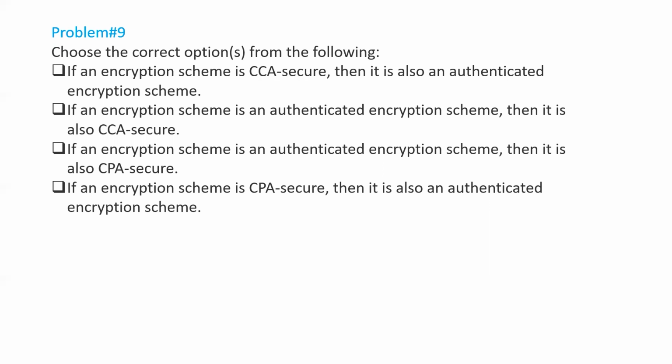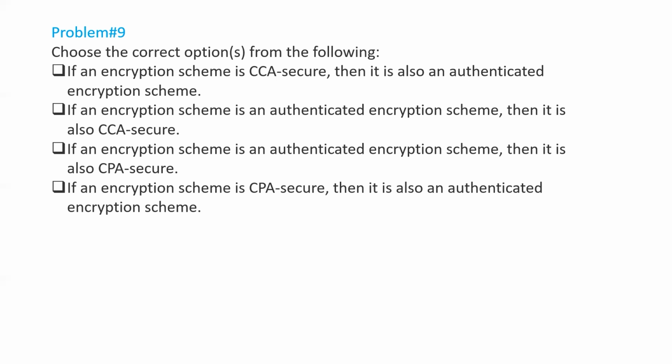So let us remember what is authenticated encryption scheme. Basically, by authenticated encryption scheme, you want to achieve the three main targets of cryptography in general, that is confidentiality, integrity, and authenticity. Confidentiality is achieved by the underlying encryption scheme, and then you also achieve integrity and authenticity by ensuring another property called ciphertext integrity.